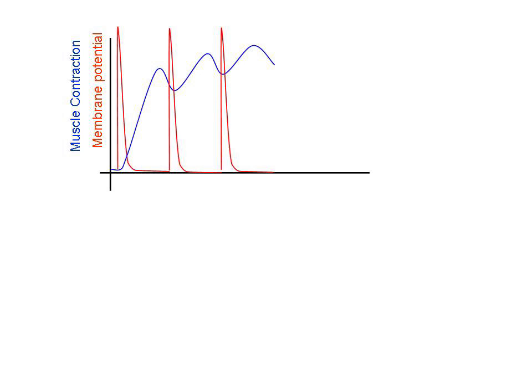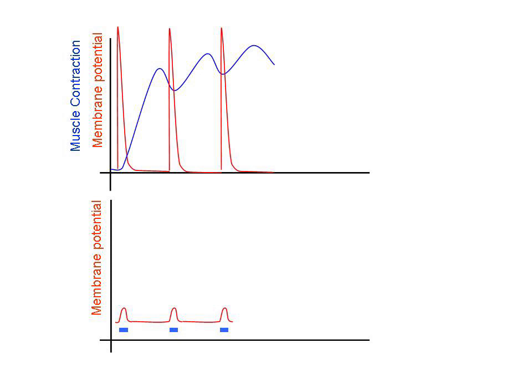But the important thing is, as skeletal muscle can only produce twitches, it has to reset itself at the end of each twitch. So the membrane must be in a state that can be activated at the end of each twitch.